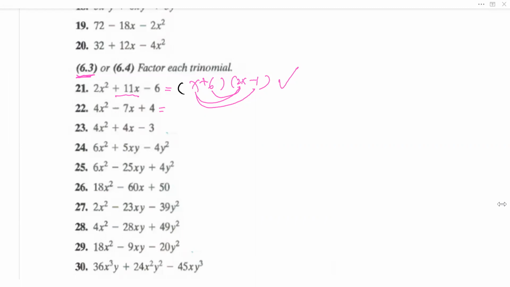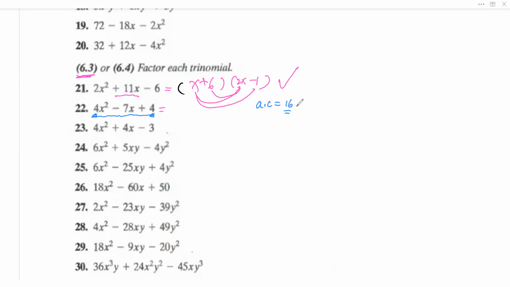Next, Song Tan, can you read the answer from your homework? 22. I got cannot factor. Cannot factor? Let's double check it. First, A is 4. C is 4. So A times C equals 16, right?